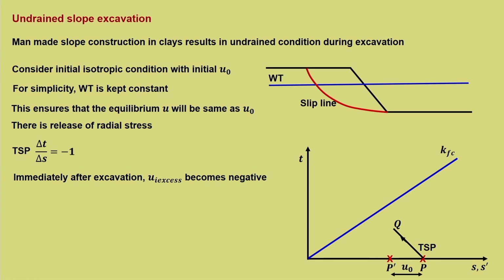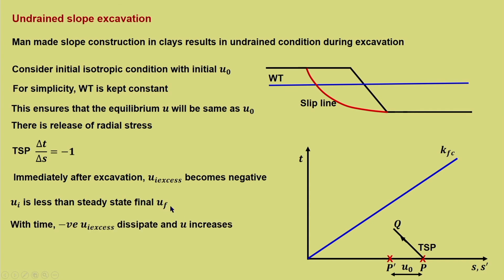Because there is excavation, it is released, and whenever there is release, there is a tendency for negative pore water pressure. So, UI excess becomes negative. So, UI is less than the steady state final UF. Now, this UI, whatever at the point of Q when the excavation is made, will generally be less than the final pore water pressure.